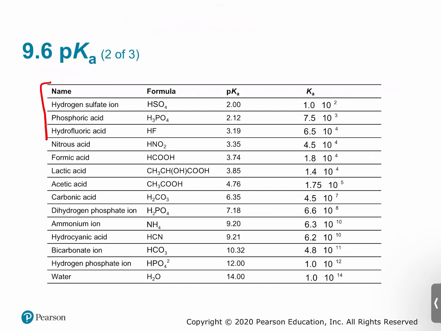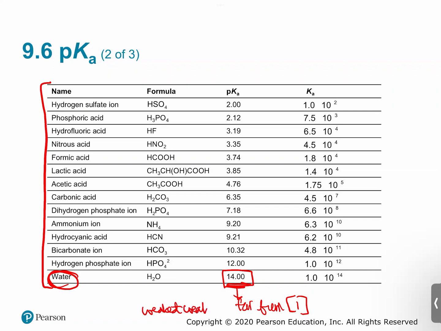Here's that table that I was talking about. If you can remember water on this table, the pKa for water is 14, that's really far from the value of 1. So this is the weakest weak acid, the weakest of the weak. In contrast to your hydrogen sulfate ion, which has a pKa of 2.